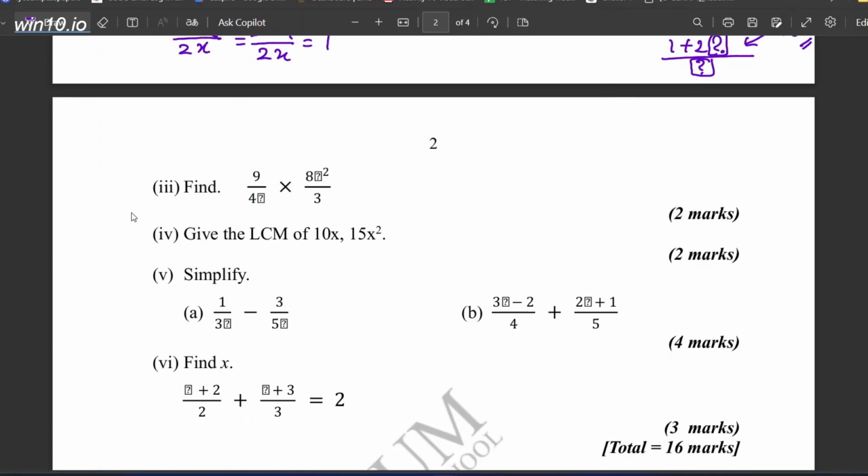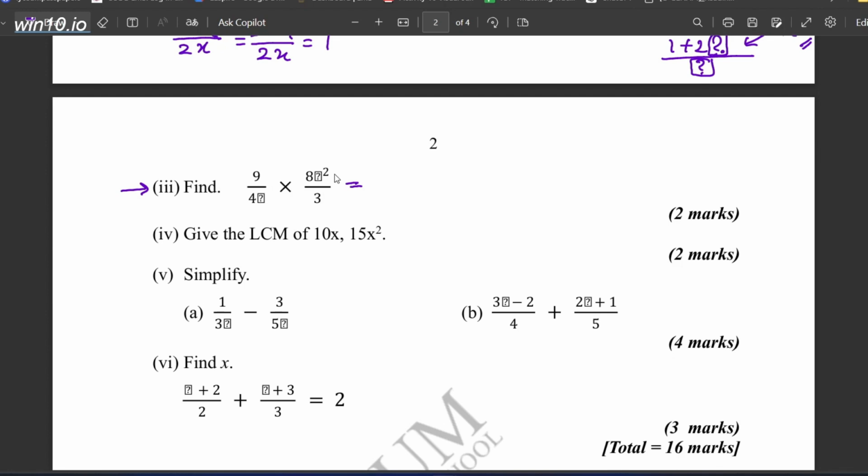Okay, now they have given us a question to find the answer of this. If we think that these question marks are a variable like x, then we can't find the answer for the question mark because this is not an equation.